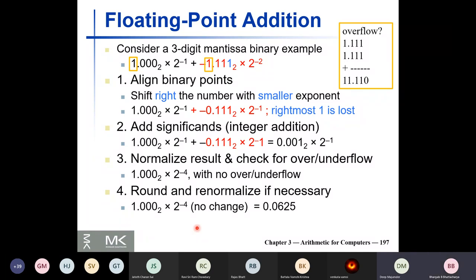Positive, yeah, but how would the hardware determine how the sign would be determined? Sign of the higher exponent. Well, you can see.